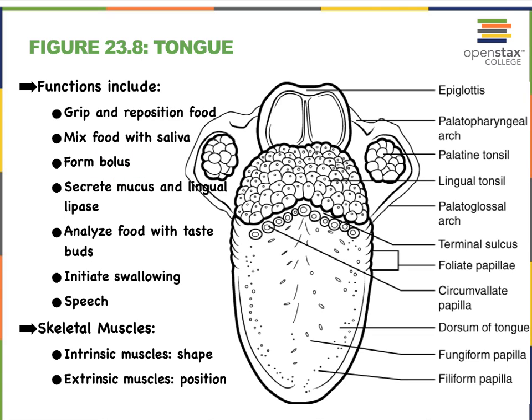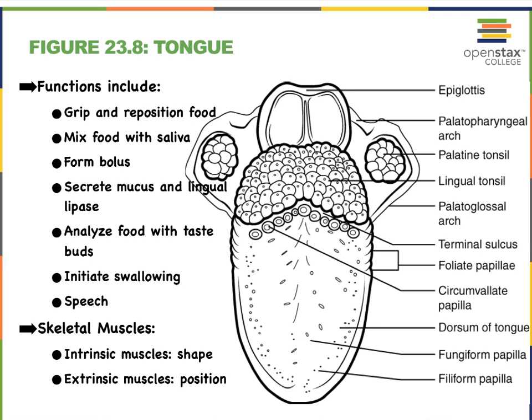Next to helping with mechanical digestion, our tongue is also going to be involved with some level of chemical digestion because it does begin to secrete a lipid digesting enzyme called lingual lipase, not in huge quantities, but somewhat. And it also produces mucus.